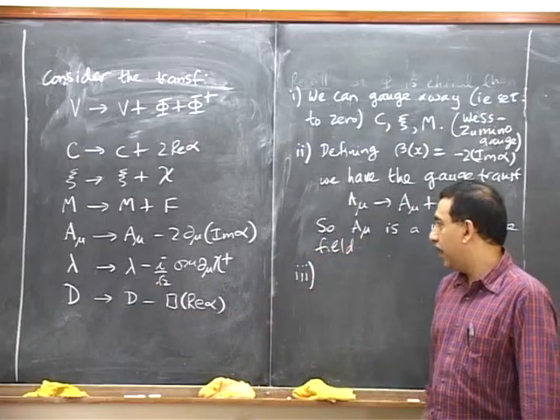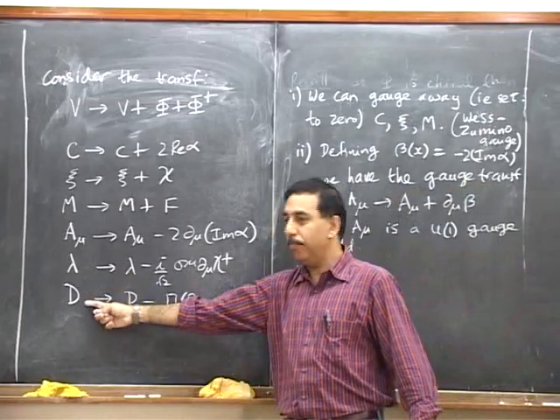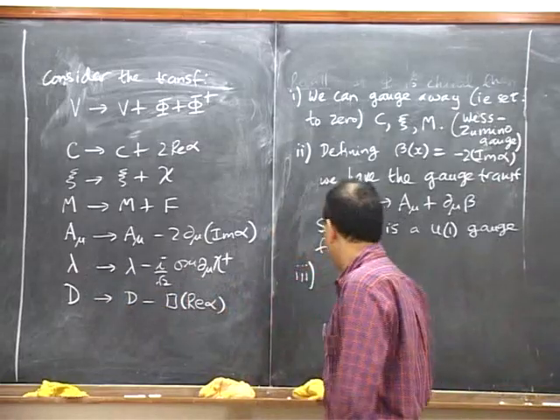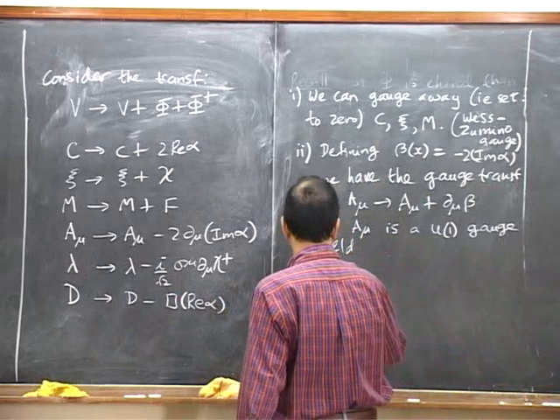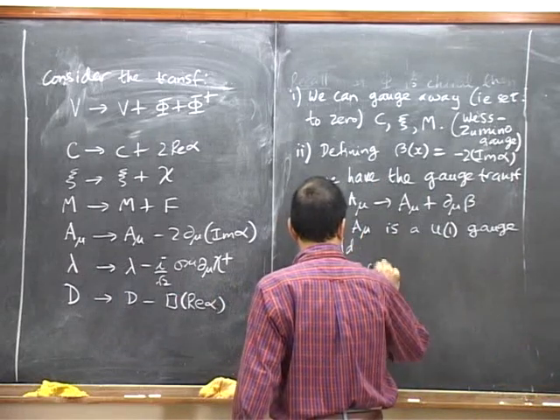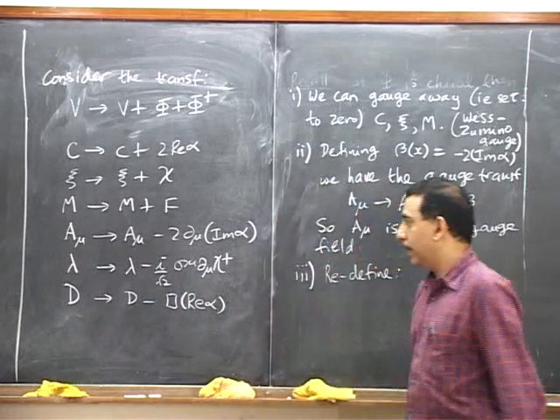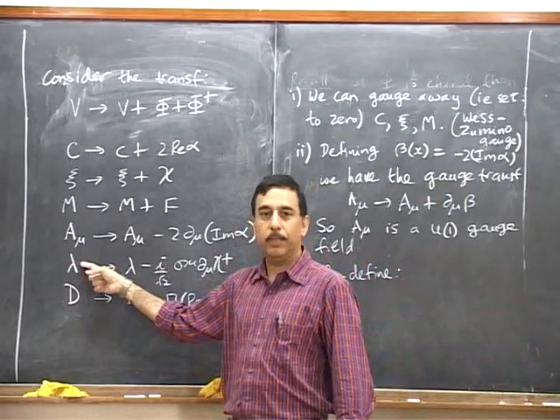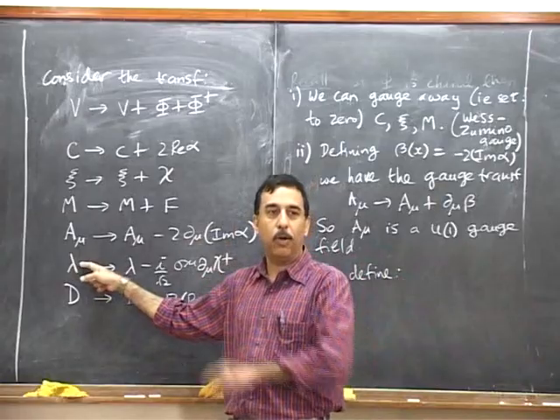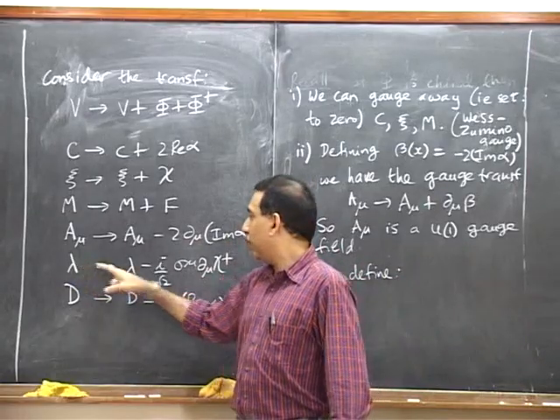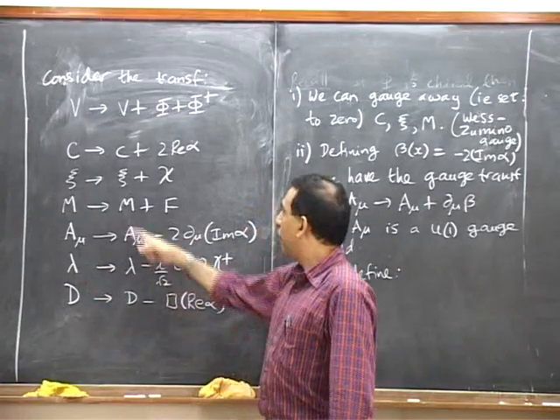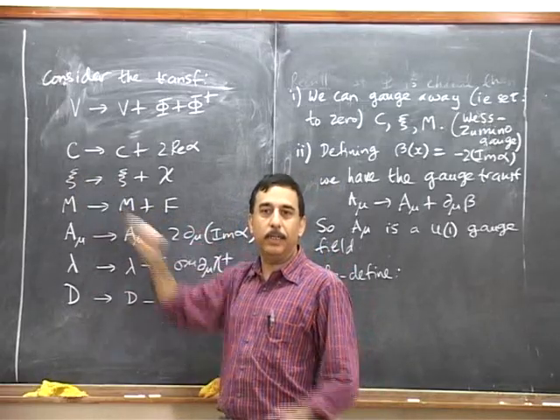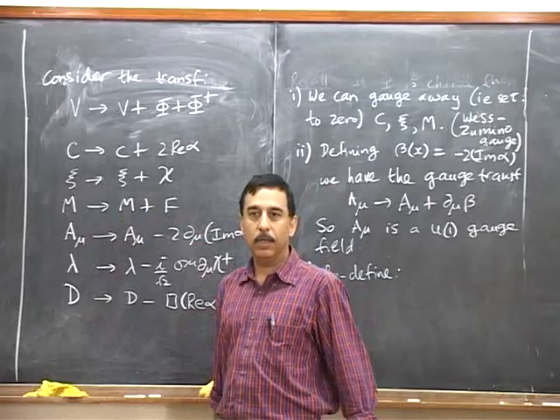And a very nice fact is that we can actually redefine them such that they are invariant under the gauge transformation. And that's done as follows. Remember that in the superfield expansion, I chose the cubic term in theta to be multiplied by lambda. Whatever multiplied that, I called it lambda. But it wouldn't have hurt me to call it lambda plus some sigma mu del mu on psi. Psi is another field in the expansion of that superfield.